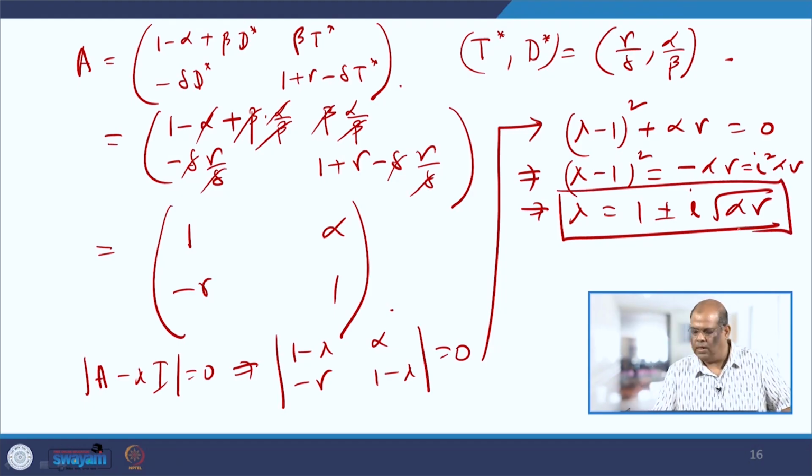So we have a complex eigenvalue with positive real part. I have to take the modulus of this.